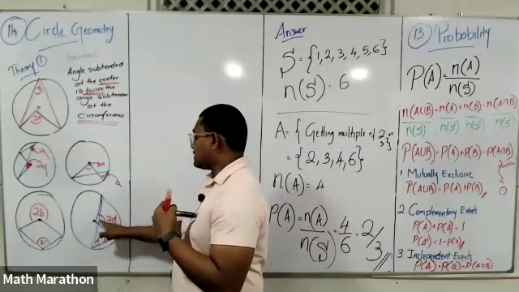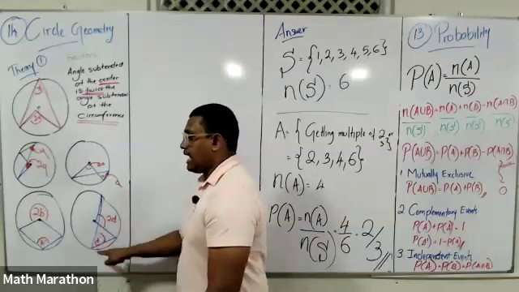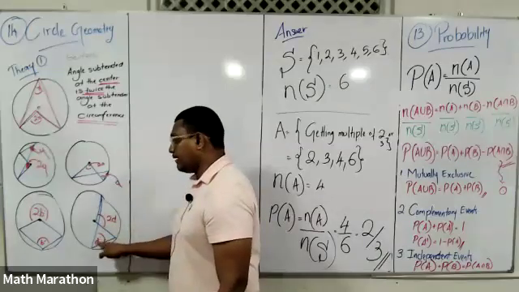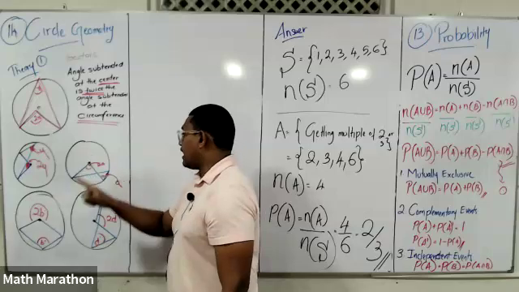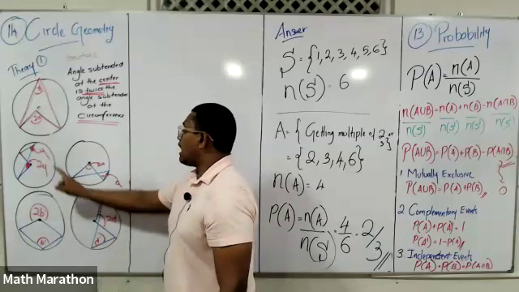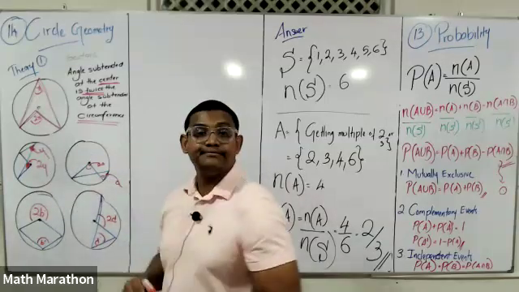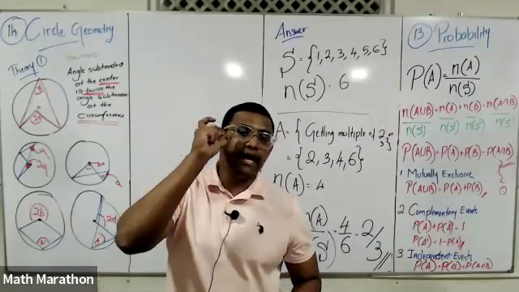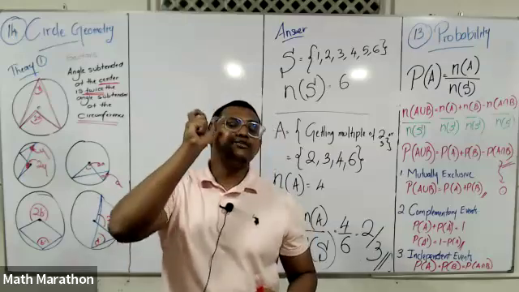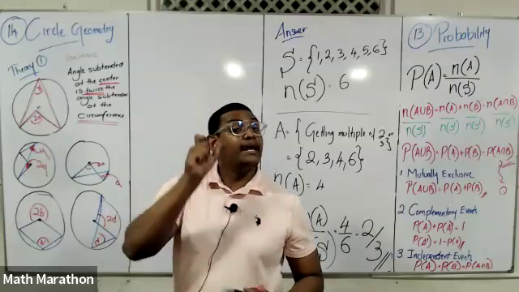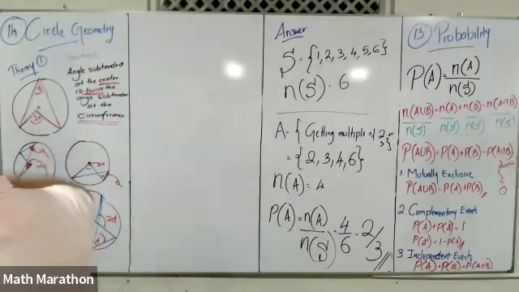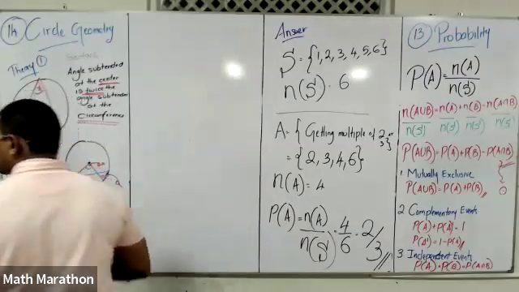The angle at the center, if it's 200, at the circumference it is 100. 120, 60. 300, 150. 140, 70. Clear? So it's about the theory, not the figure. Okay?